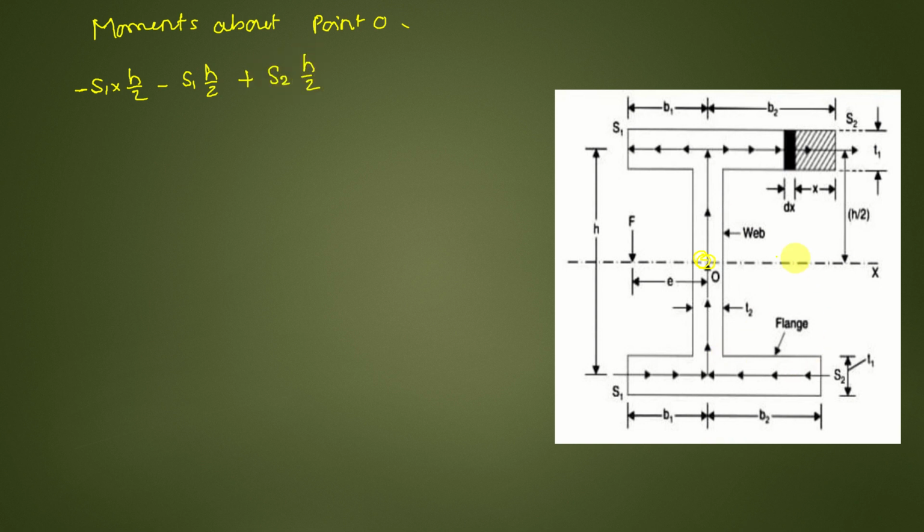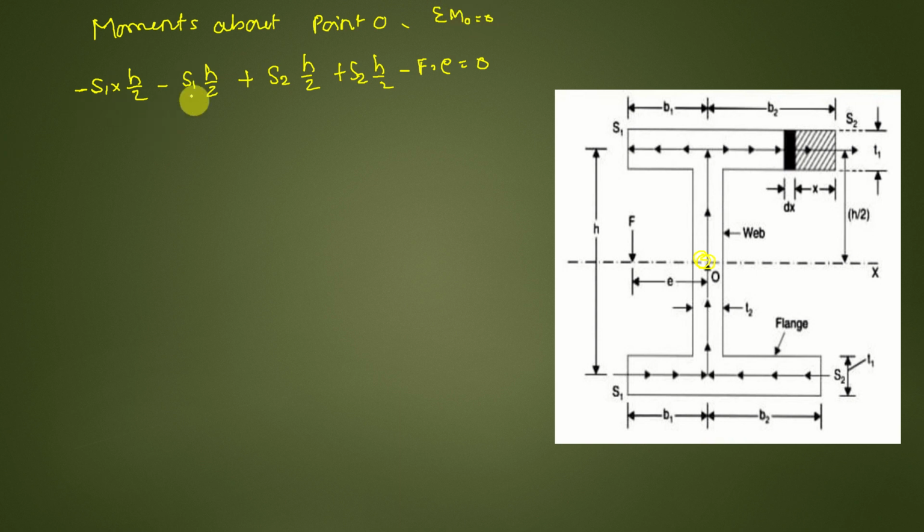Here also there is S2 into h by 2, that is also clockwise, plus S2 into h by 2. And one more thing is there, that is again anti-clockwise, minus F into e. Sum of moments about point O is 0.